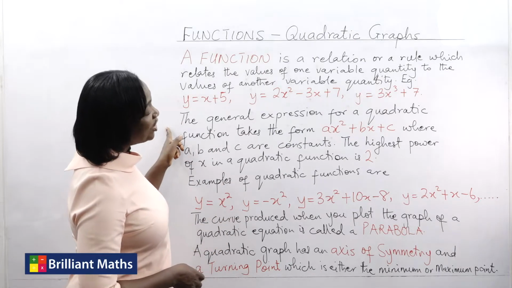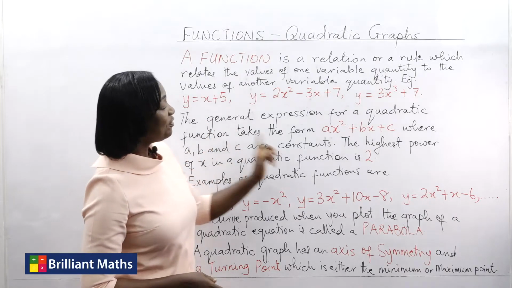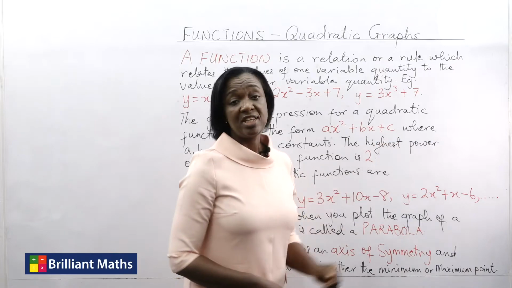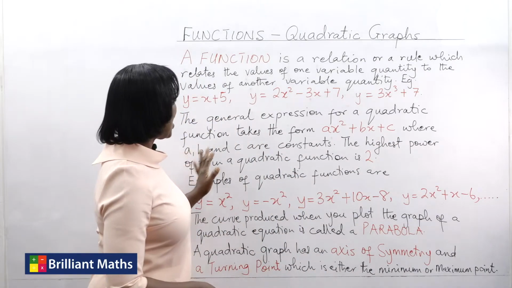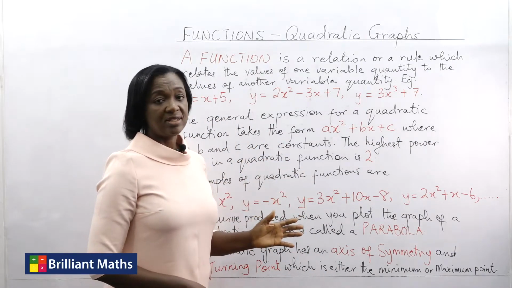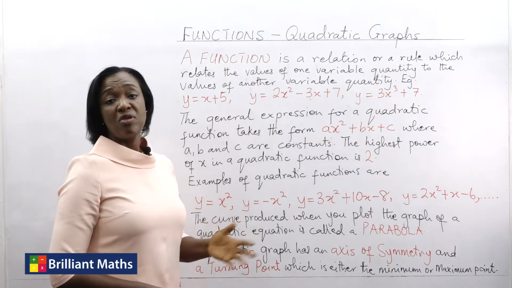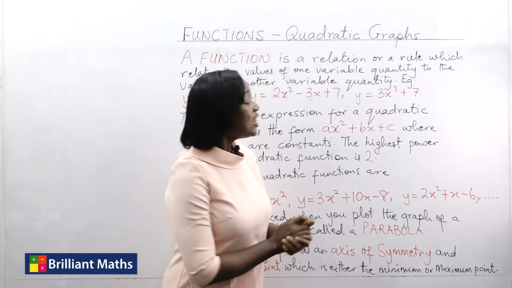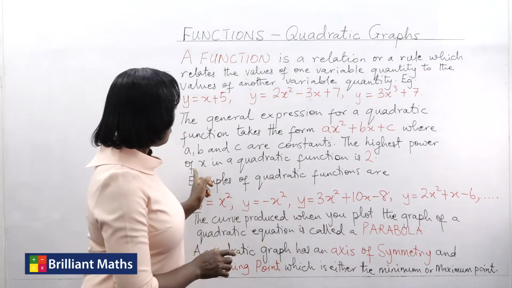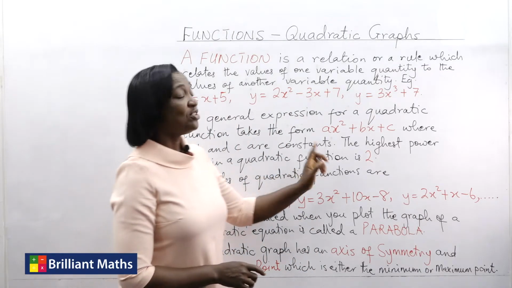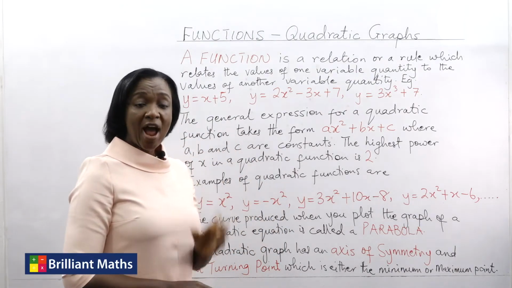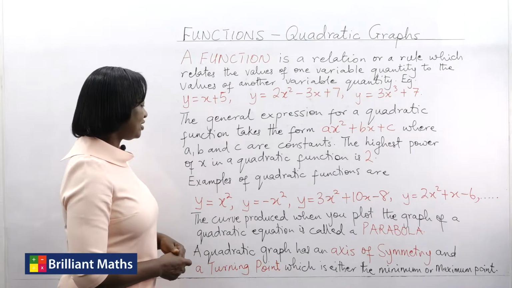The general expression for a quadratic function takes the form ax squared plus bx plus c, where a, b, and c are constants. The highest power of x in a quadratic function is 2.